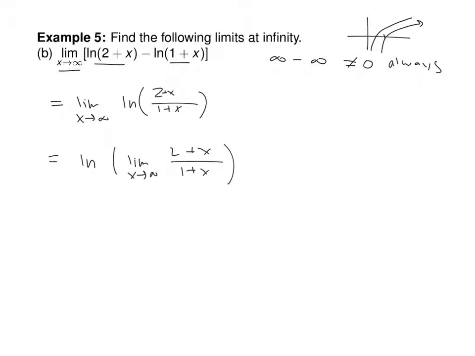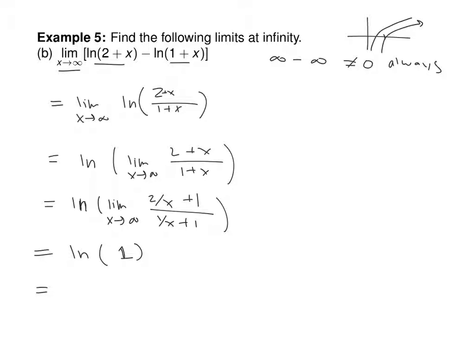Kind of like how we took the limit of the stuff inside that sine function by plugging the number in and then did whatever we had to on that number. So technically inside of that ln, you would multiply by 1 over x, and you'd get 2 over x plus 1, over 1 over x plus 1. So what's the stuff inside that limit going to? 1. So this is ln of 1, which in this case does actually equal 0.